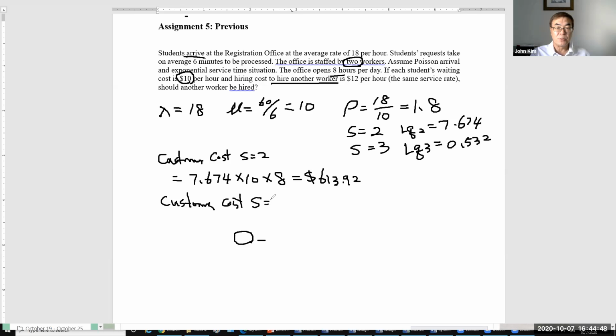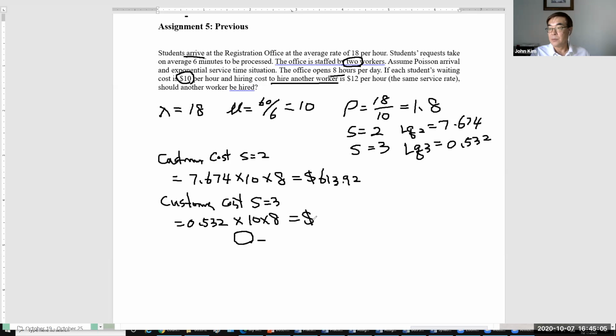And then the customer cost when S equals 3, LQ is 0.532 times $10 customer cost per hour and times 8 hours open.